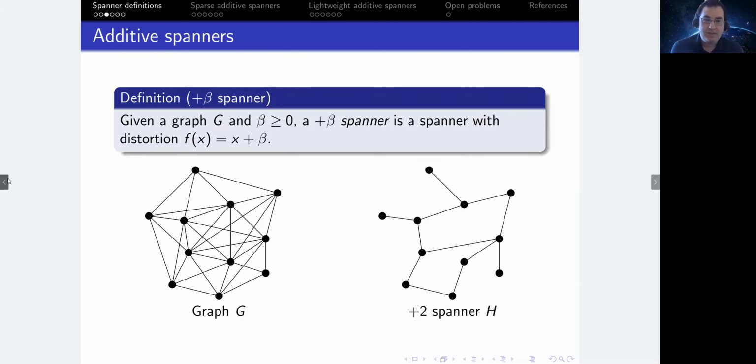More formally, given a graph G and some positive number beta, we say that a plus beta spanner has distortion x plus beta, meaning that distances in H are no longer than beta units away from distances in G. On the graph on the left, we have the graph G, and on the right, we have a plus 2 spanner H, and we can see that for every pair of vertices, the distance in H is not more than 2 edges longer than the distance in G.